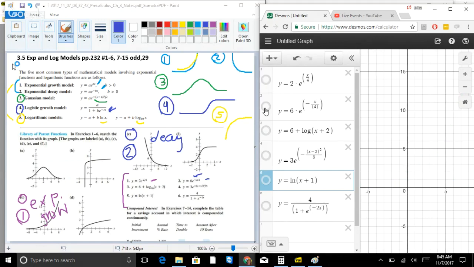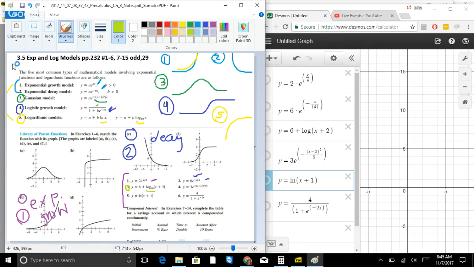All right, let's look at number 3. Number 3 is unique because it's an equation with a common log in it. I know that any logarithmic function is the inverse of an exponential function, and it's going to look something like number 5 down here.